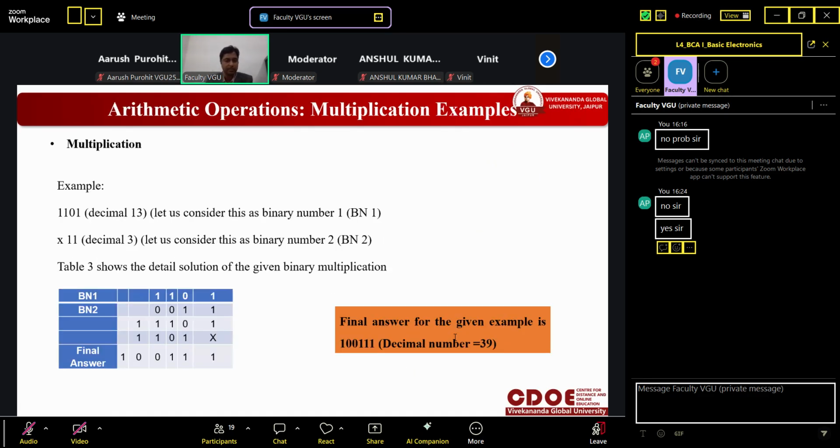Okay. Now multiply these two numbers. This is the first number, this is the second number. So please give me the answer. It is already done, but you should do it yourself honestly.